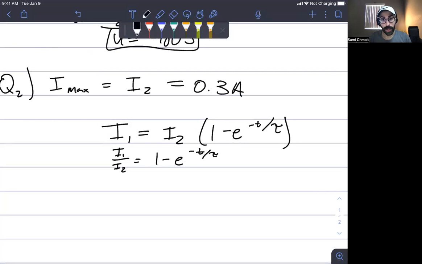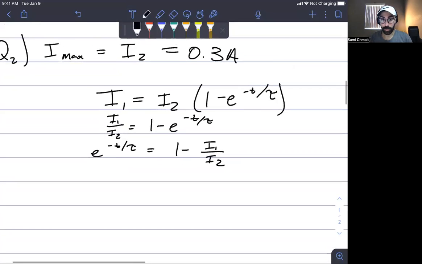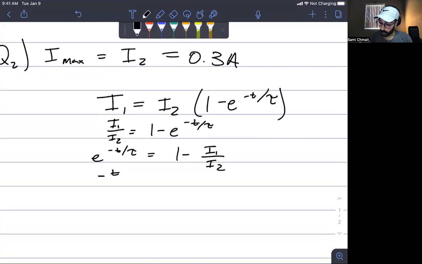Now, let's bring that 1 over. So we'll bring the e over, and we'll bring these stacked currents to the other side. We're going to natural log both sides.